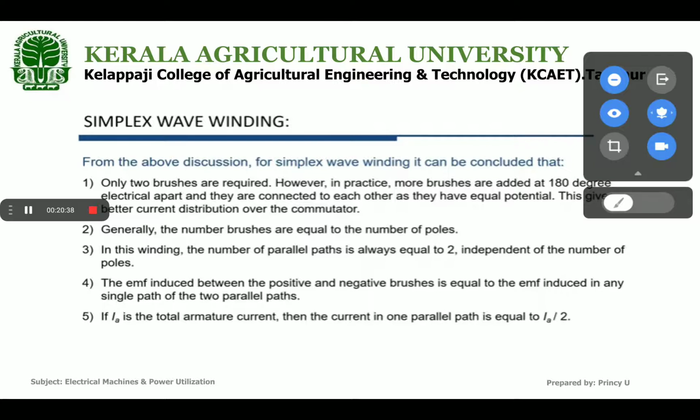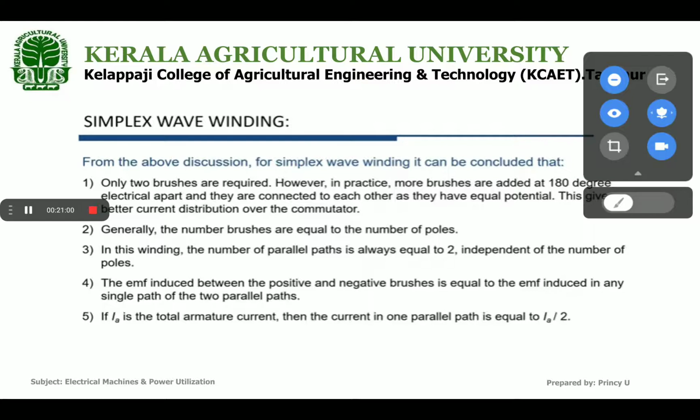You remember, the number of parallel paths in a lap winding is equal to P, the number of poles, but in wave winding it is 2. This has mostly been asked as a short question. Number of parallel paths for a lap winding is equal to the number of poles. Number of parallel paths in a wave winding is equal to 2.